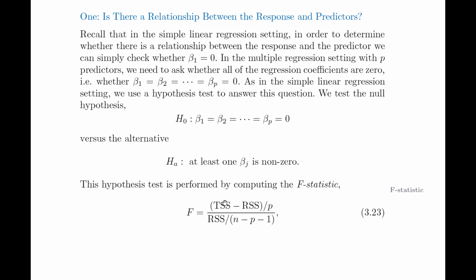We'll have to just refresh our memory what the TSS represents, and N is your number of observations. In this advertising data set, we're looking at 200 data subjects. They are not people. They are the different markets in which we have advertised.